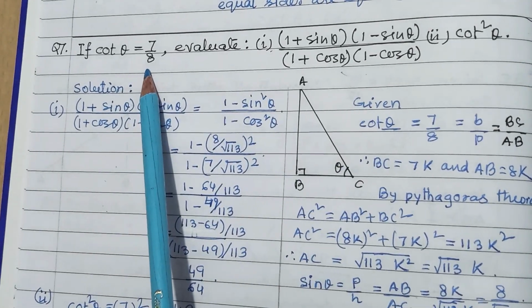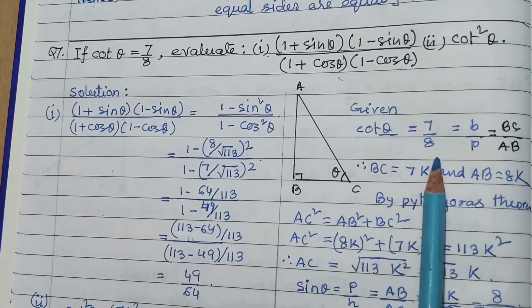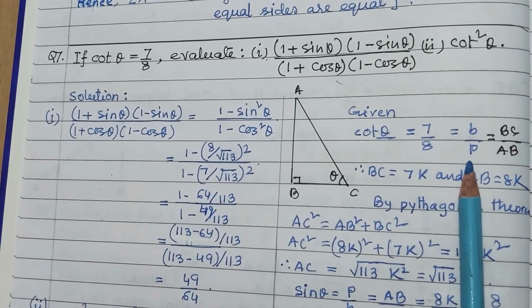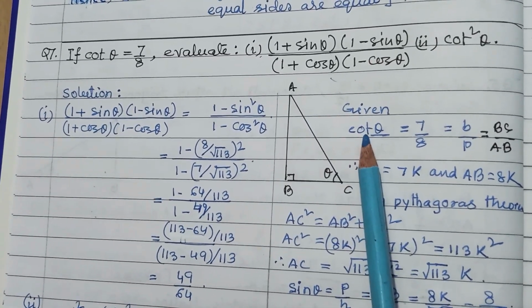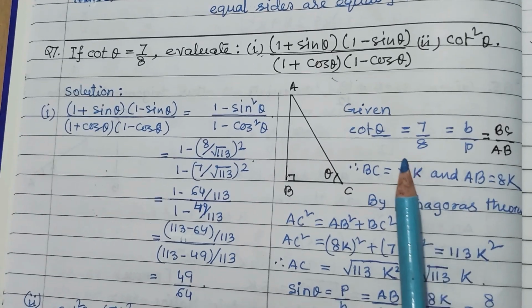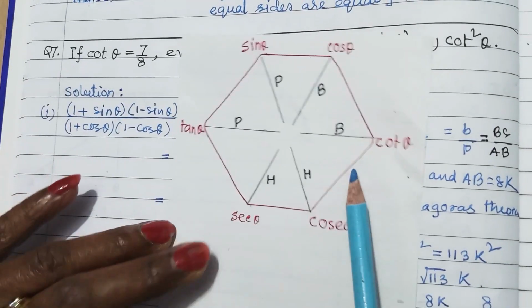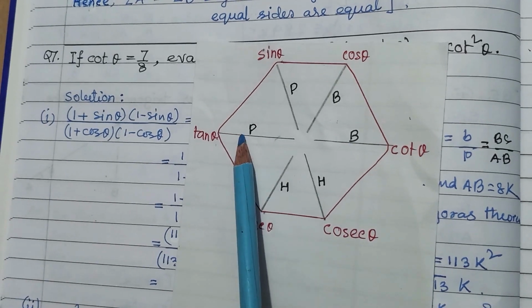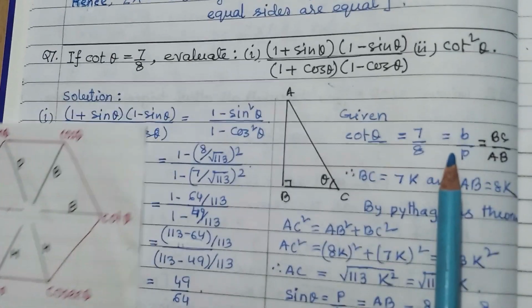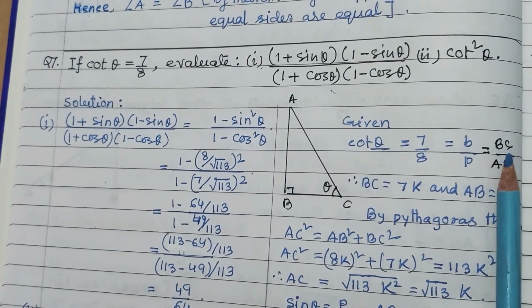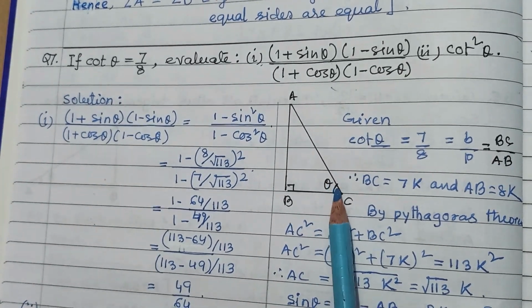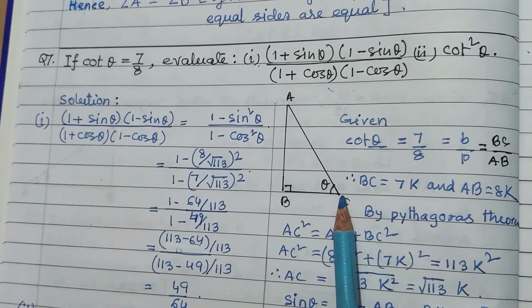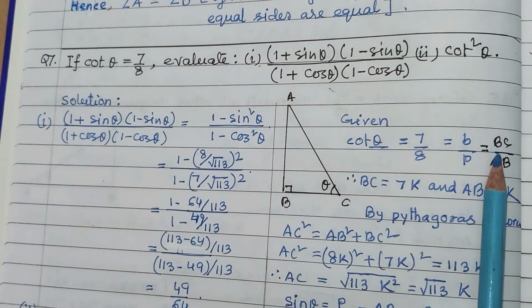Cot theta has been given, cot theta is equal to 7 upon 8, so it is base upon perpendicular. Once more you have to see that, cot theta equal base upon perpendicular. Now it is BC upon AB, theta this one, base BC and AB is the perpendicular.